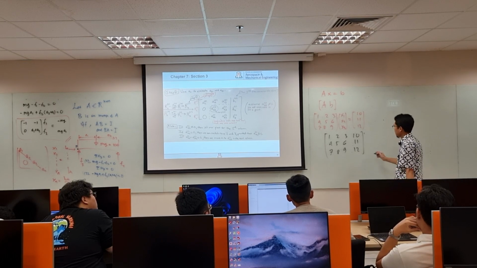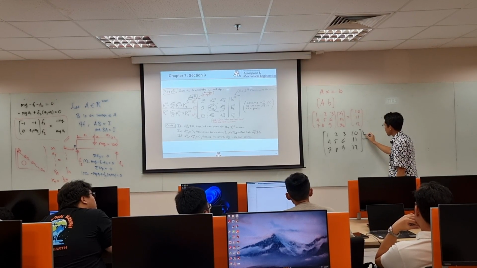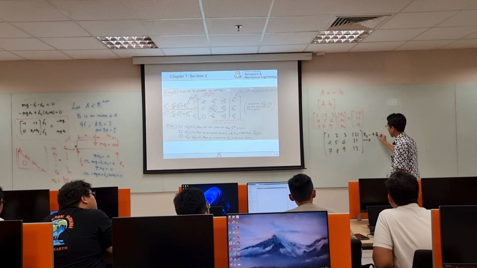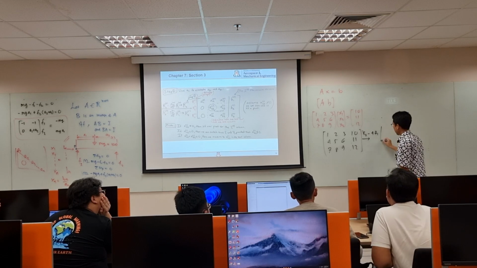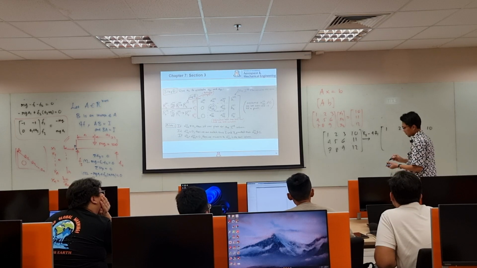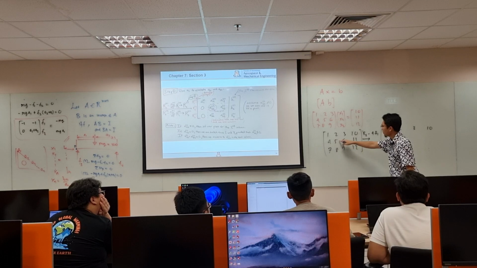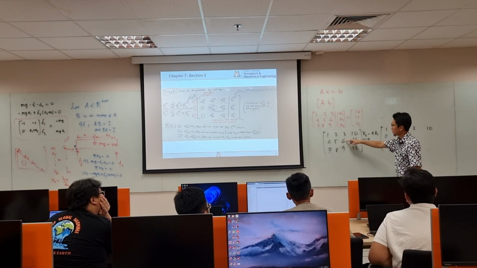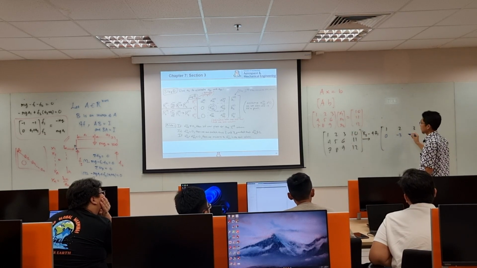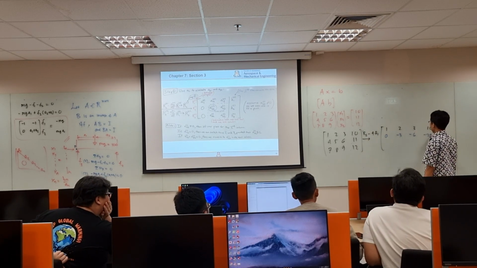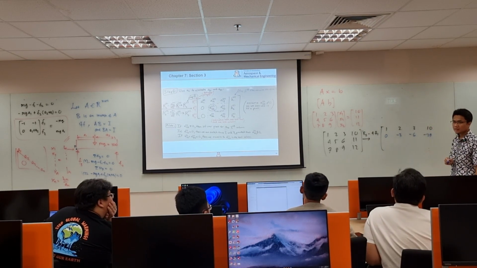So we do the operation row 2 minus 4 times row 1. The first row remains the same, 1, 2, 3, 10. The second row becomes 0, 5 minus 8 is minus 3, 6 minus 12 is minus 6, 11 minus 40 is minus 29. Easy, right?